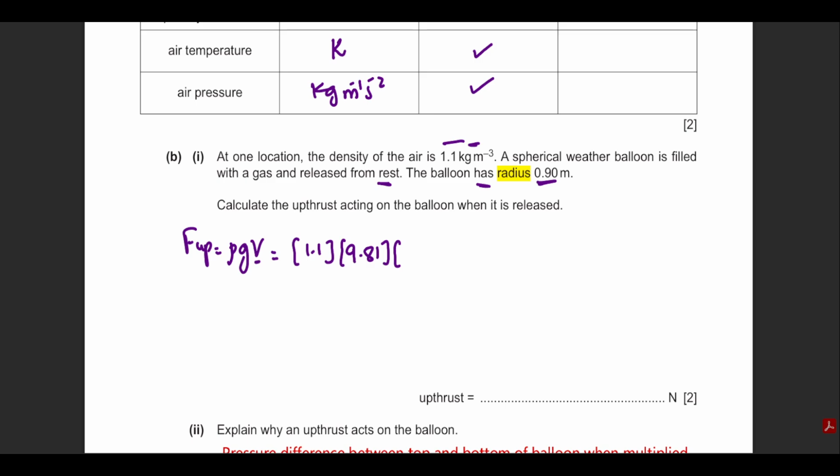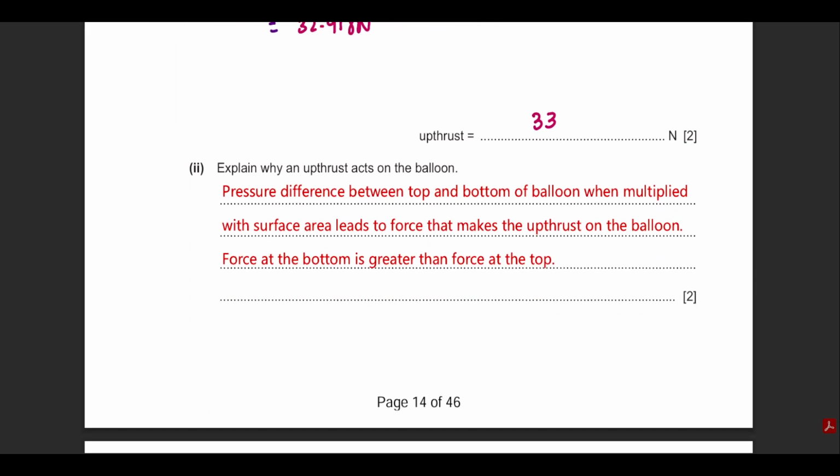Since we're dealing with a balloon, this will be 4/3 πr³, which is going to be 0.90 cubed. Put all the values in as a single go in the calculator, and your answer will be 32.918 newtons, and your final answer will be 33 newtons.